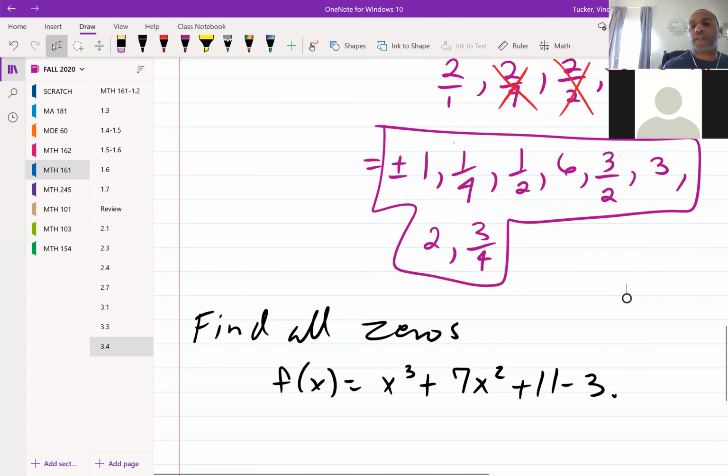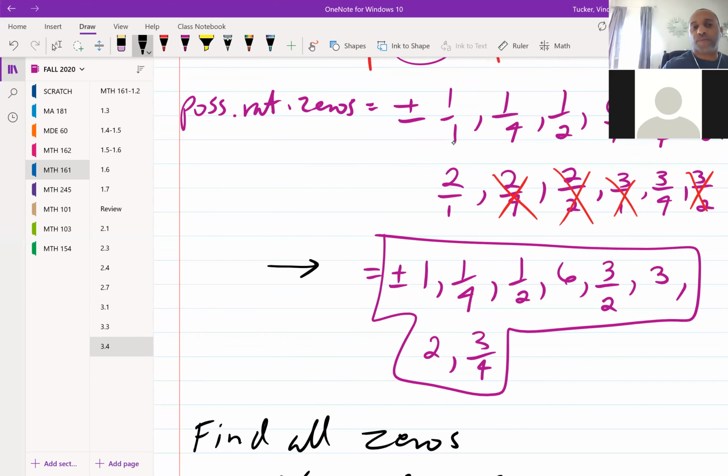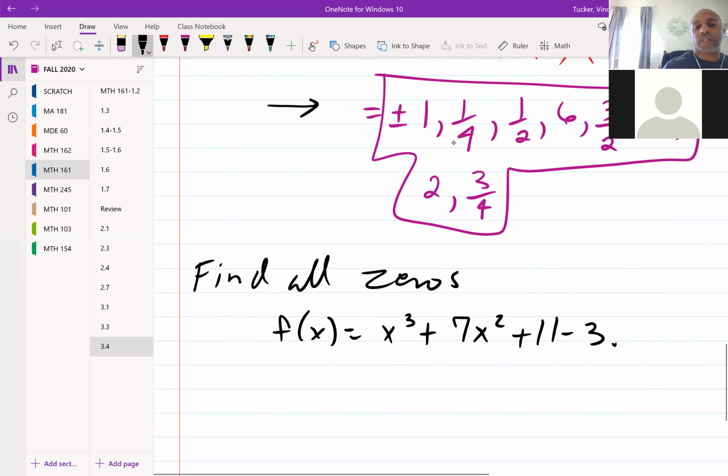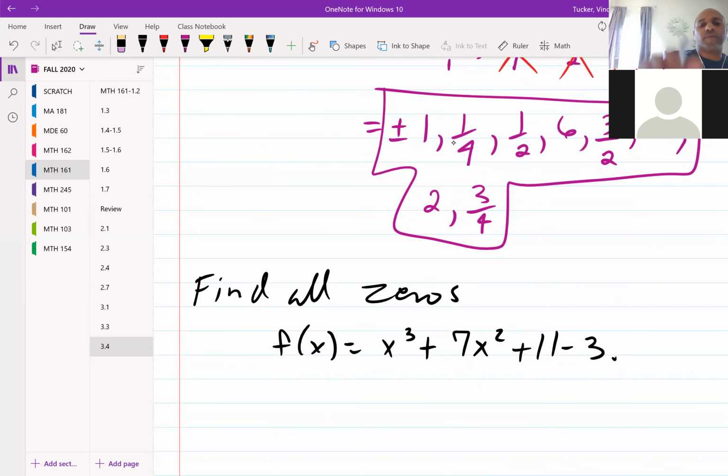If we were doing it in class, I would always give you one. Now this part will always, this is no big deal. Possible rational zeros, yes. Now here where it says find all zeros, this is what I was talking about. I'd probably give you a short one like this. If you have this list right here, you don't know which one of these will be a solution or which one will not.